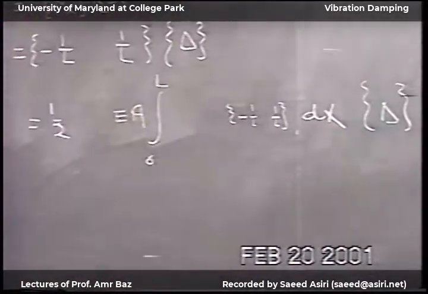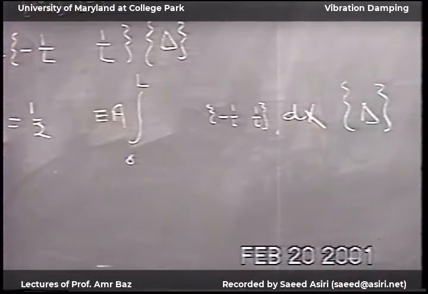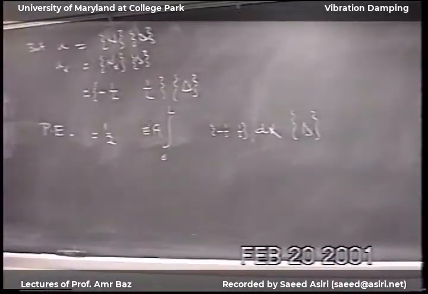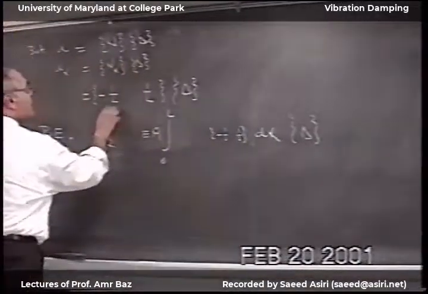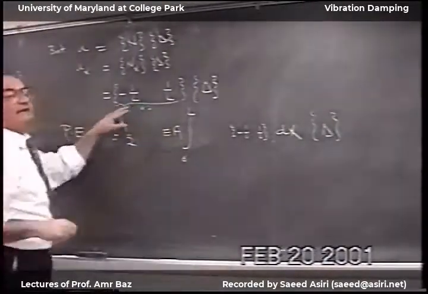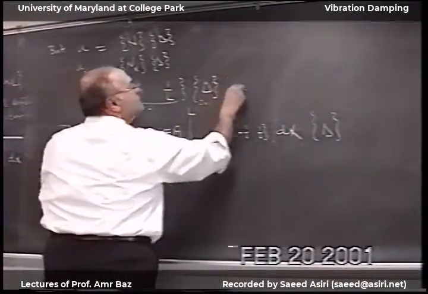So we have done one of these. Now I'm going to put the second one. This is a scalar value. So I'm going to put another scalar value. If you look at the vector here, this is 1 by 2. The delta is 2 by 1. So this is a scalar.